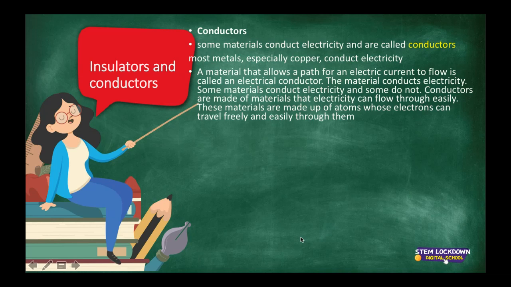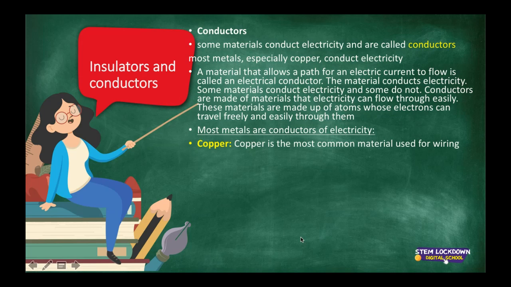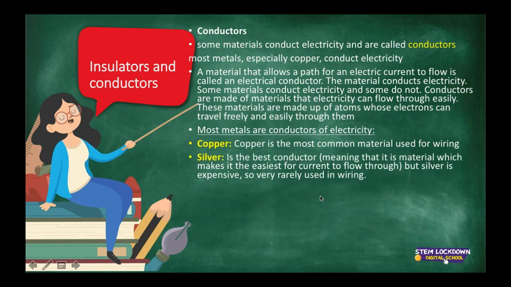This is just some more information about conductors, but we know now that a conductor is a material that allows electricity to flow through. Right, most metals are conductors of electricity. Now, copper. Copper is the most common material used for wiring.